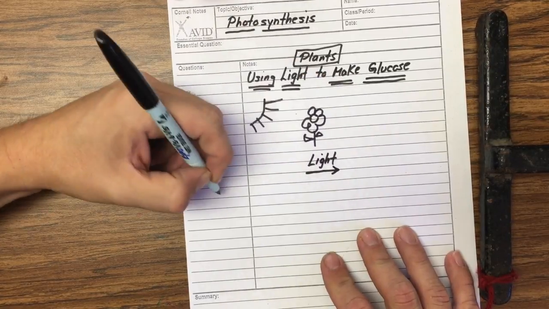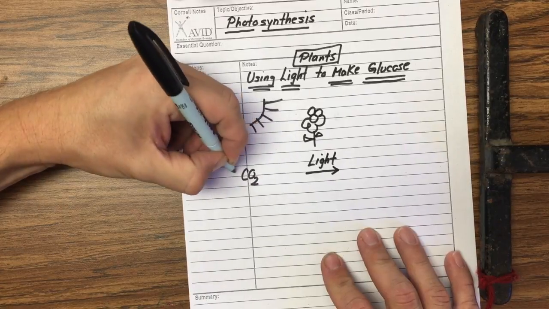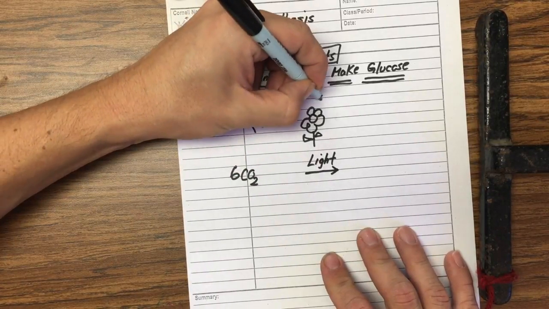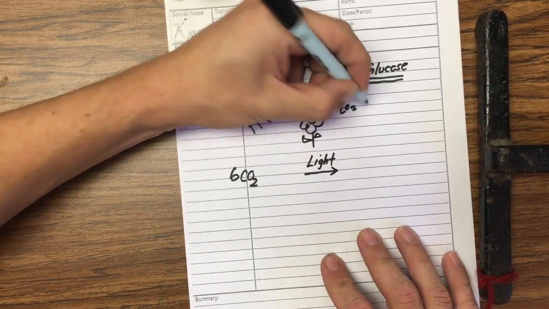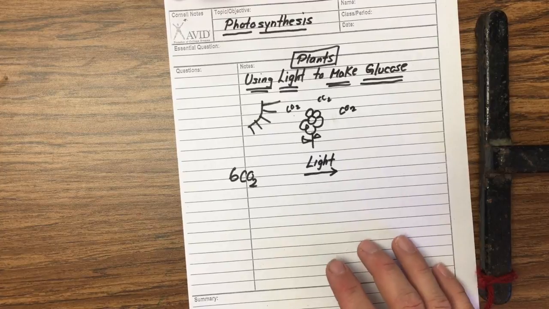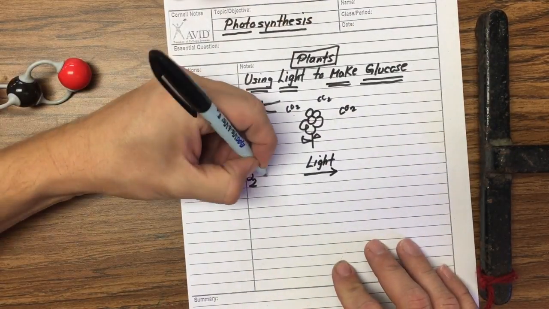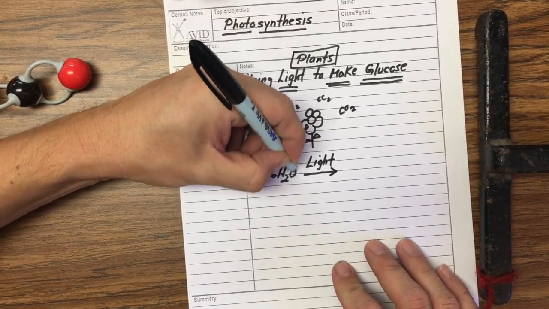it's going to use the CO2 that's in the atmosphere, 6 to be exact, okay? So there's CO2 all over the place in the air. What does CO2 look like? It looks like this, all right? And it's going to use 6 CO2s and 6 water molecules.